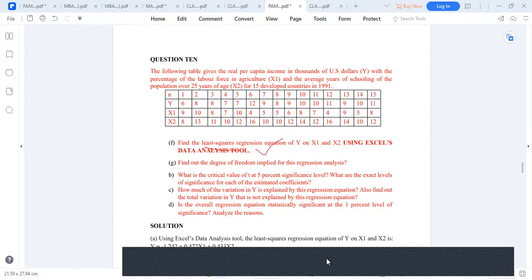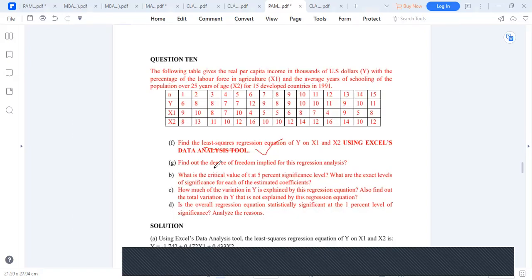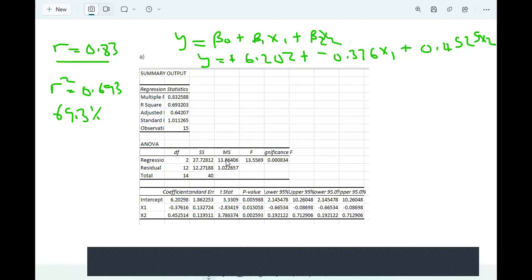All right. Secondly, part 2, we are being asked to find out the degree of freedom for this regression analysis. So we can find the degree of freedom from this output under the ANOVA table. You did your statistics. You remember ANOVA, right? So what is the degree of freedom that has been calculated in there?